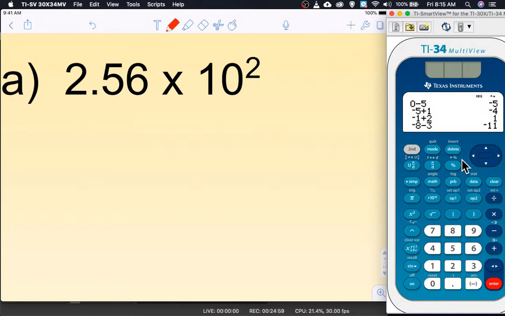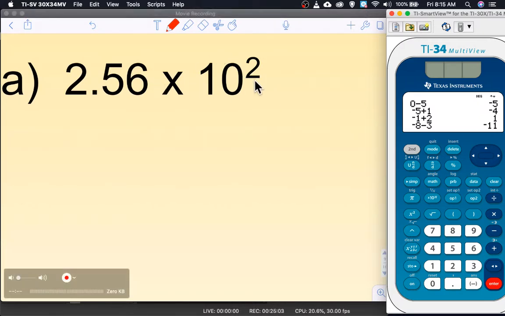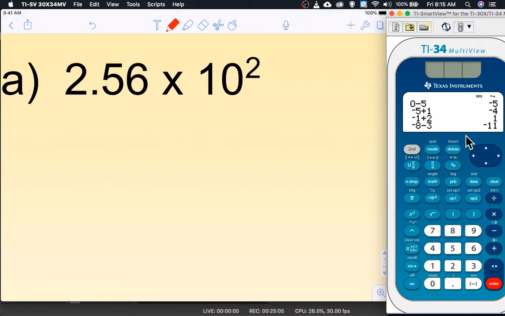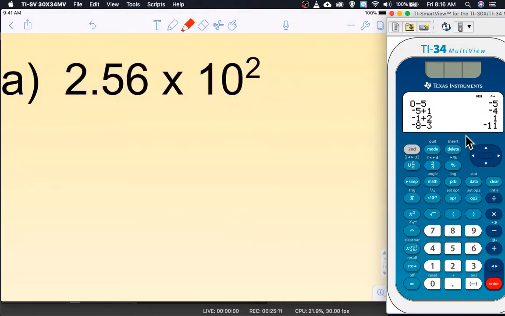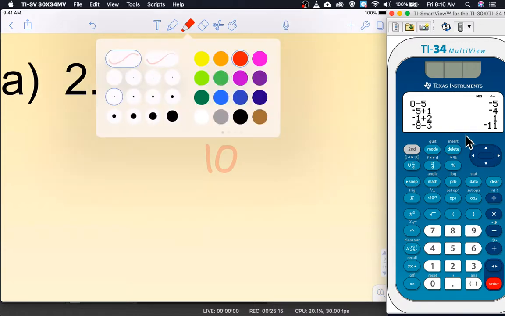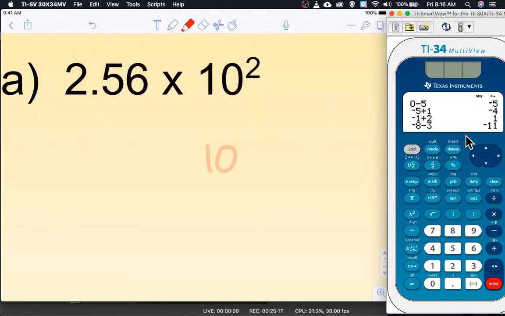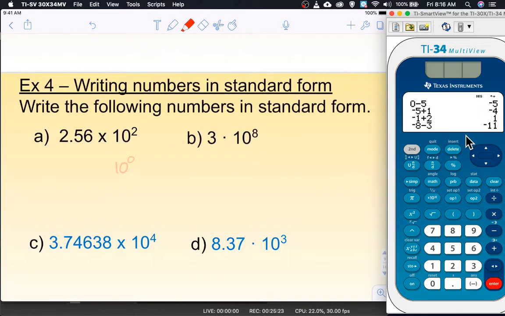It's going to be very much the same method. The difference is, instead of having 10 to the second power, we would like to get to the point where we have, and I'm going to use my highlighter tool, my ghost tool, we would like this to become a 10 to the power of 0. Remember how 10 to the power of 0, we were able to add it in those first few problems? I'm going to scroll up here in a second.